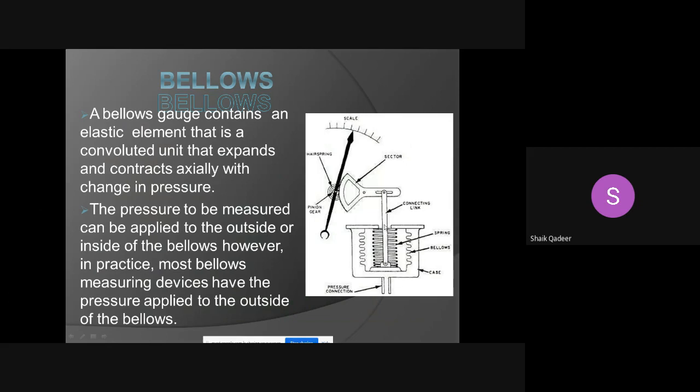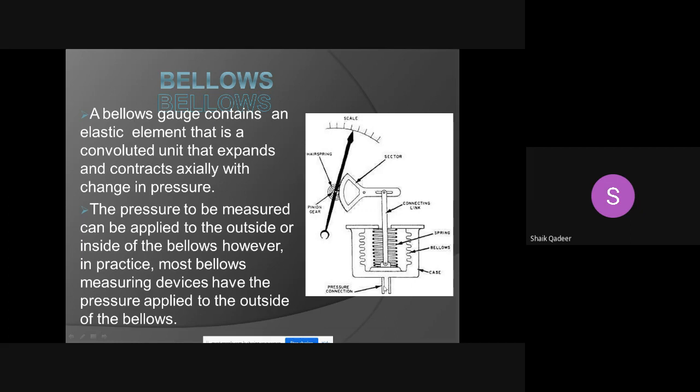Bellows is like a balloon having one end open, another end closed. So a bellow gauge contains an elastic element that is convoluted. Convoluted means convolution. Series of multiplication and addition is called as convolution. So this type of elastic element is actually convoluted, in order to amplify the generated displacement.